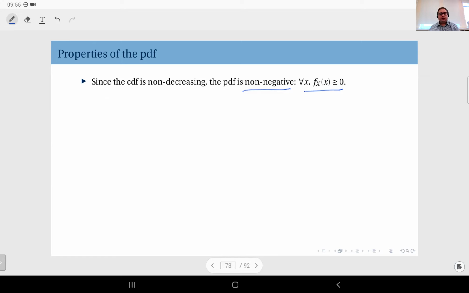It can also decrease because it's not cumulative. It's the derivative of the CDF, so it could be a decreasing function at times. But the essential point here is it can exceed 1, but it cannot fall below 0. Okay, it's a non-negative function.